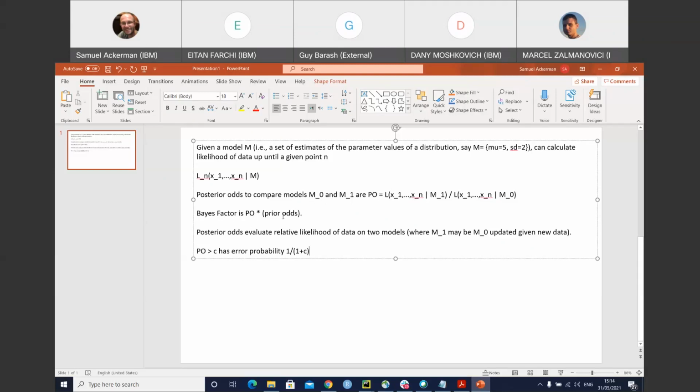Just like with any Bayesian distribution, you can adjust; it's your prior belief on what the odds are. If you don't want to assign any belief, it's just one, because you're saying either one is equally likely. And so if the prior odds are one, the Bayes factor and the posterior odds, PO, are the same.